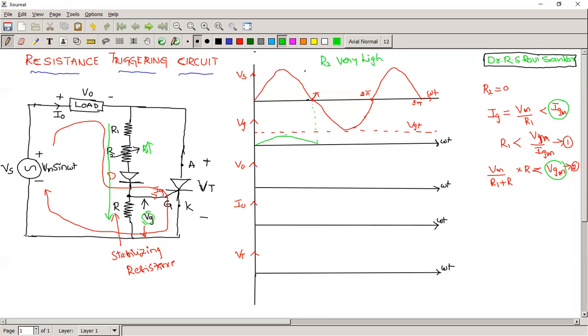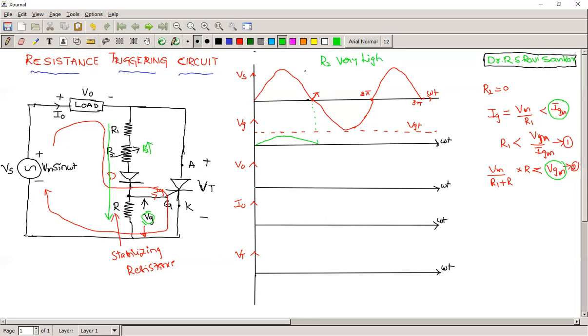but it is not touching this dotted line. What does the dotted line represent? The gate trigger voltage. Whenever this voltage is equal to this one, then the SCR is on. Otherwise, the SCR does not go to the on state, even though it is forward biased. Even though this SCR is forward biased between 0 to pi, the gate voltage is not sufficient because we have taken the R very high.